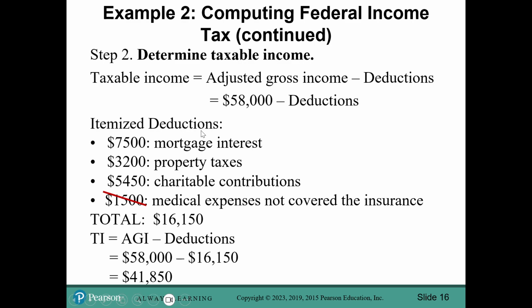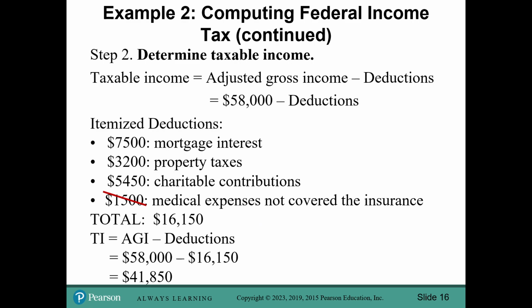So when we total $7,500 plus $3,200 plus $5,450, we get a total deduction of $16,150. Okay, so just because you list it doesn't mean it's necessarily a deduction. It has to fall within one of those previously mentioned categories within the definition.